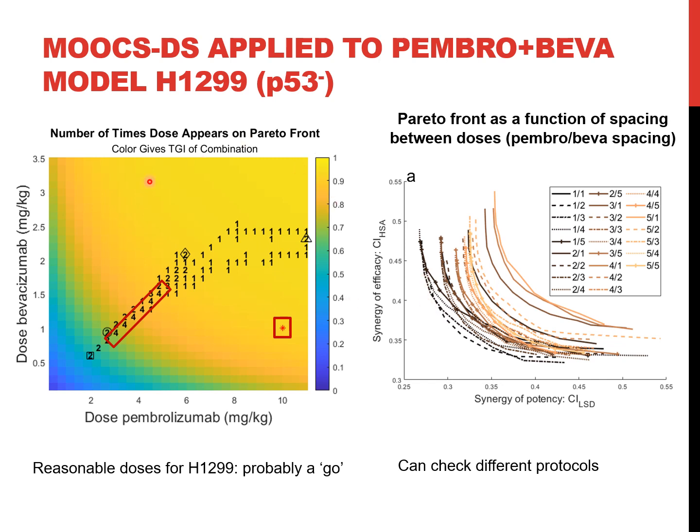Because in these examples before, we were fixed in the protocol, we were just varying the doses, but here we can also vary the protocols. And as I said, closer spacing seems to be better. Interesting. This is a testable prediction that we can now go and take back to the lab.